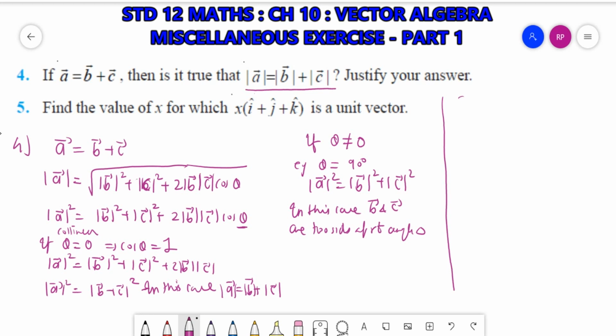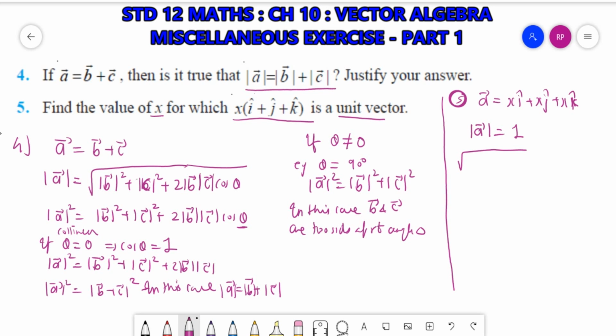Let's see question 5. Find the value of x for which vector A, xi plus xj plus xk, is a unit vector. That means I can write xi, xj, xk. Now you have to find the value of x such that it is a unit vector. That means modulus of A will be equal to 1.